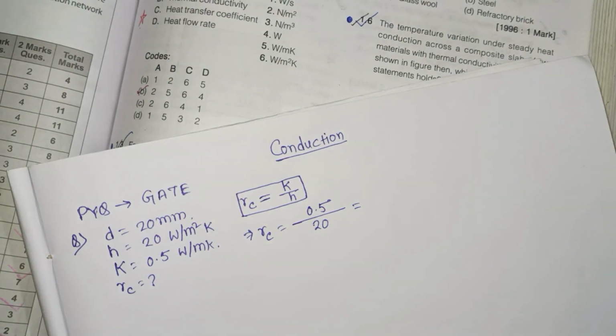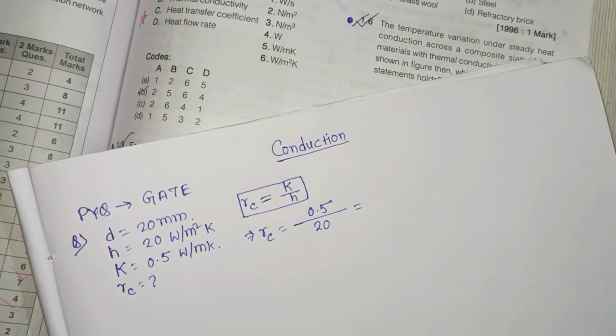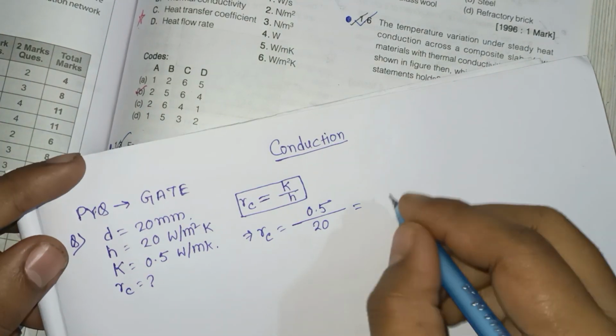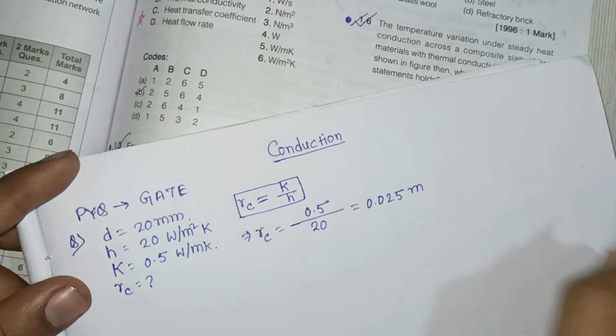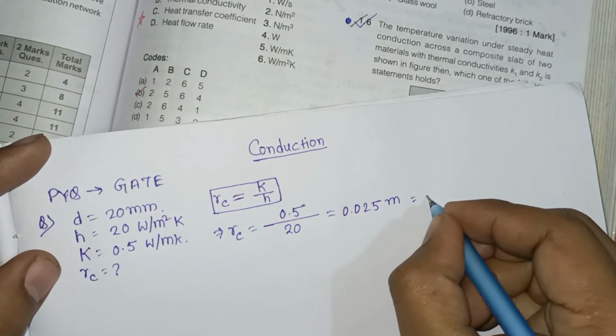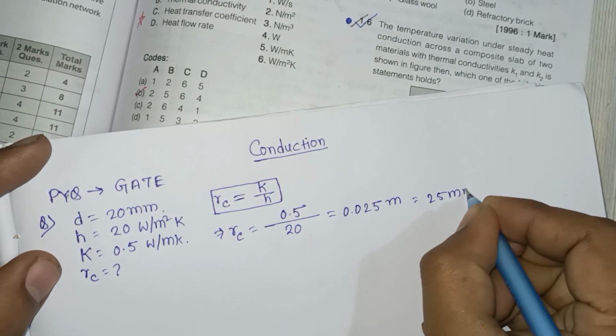If you calculate, this value will be 0.025 meter, that is equal to 25 millimeter.